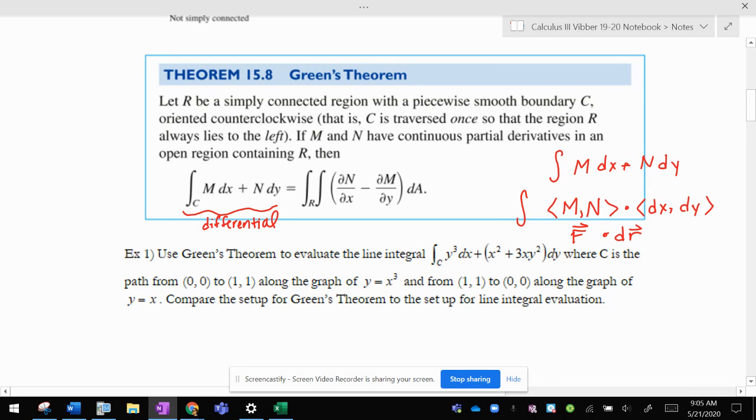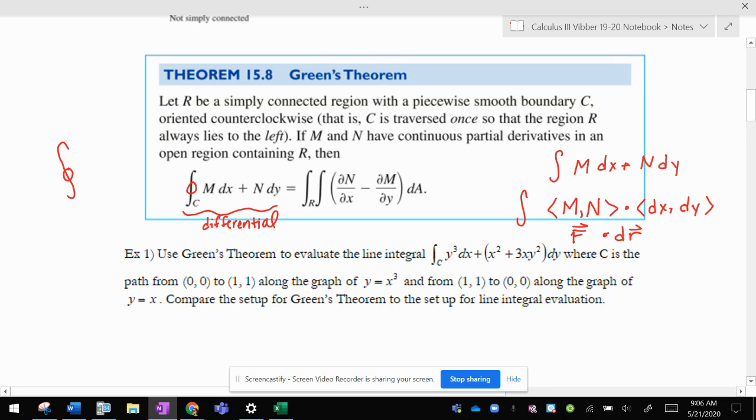Okay. So Green's theorem says if you take your line integral and it's in the form M dx plus N dy, instead of parameterizing a path and dotting it and doing all of that, what you can do is say, if this is based on a closed path, which means also sometimes you'll see a circle on the integral, like this, to indicate you have a closed path.